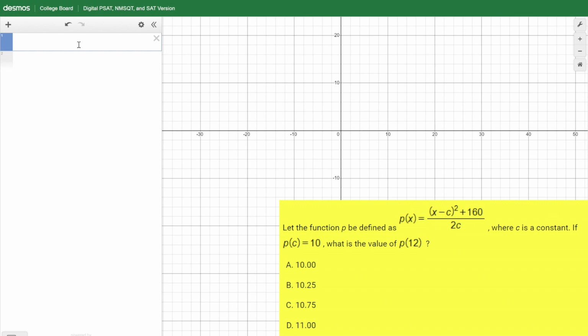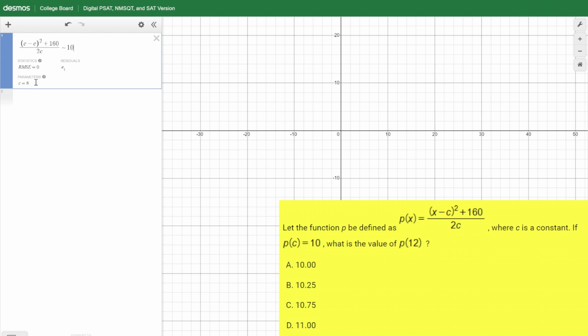Okay, so we'll say this is c minus c, the whole square, plus 160, all divided by 2c. Okay, now we're not going to make it equal to 10, but again, we'll use the tilde sign, and we will make the right side 10.